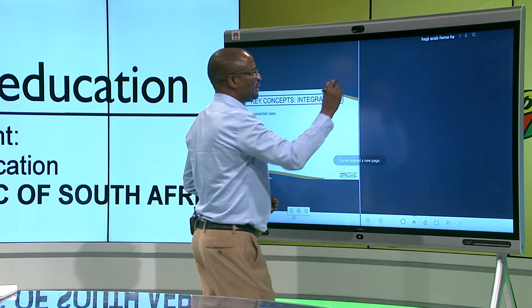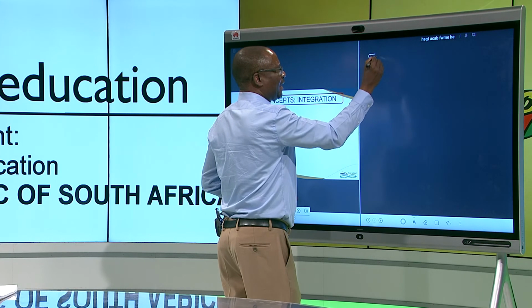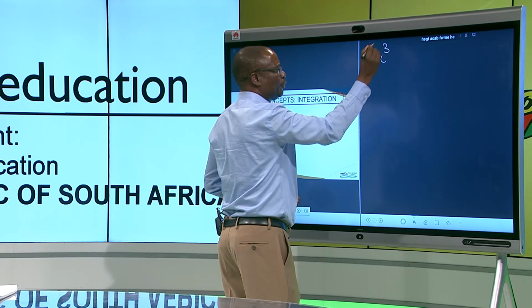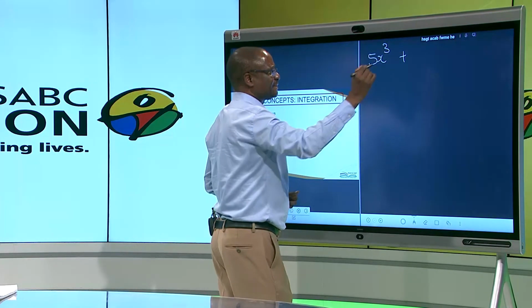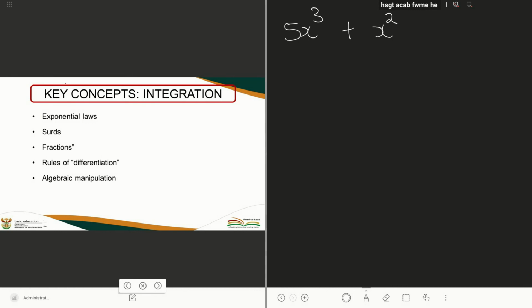Okay, say here you are given 5x cubed plus x squared, all divided by x cubed. Can we factorize it simply? No. In this case, if you cannot factorize it to get a solution, then you need to divide each term by your denominator.